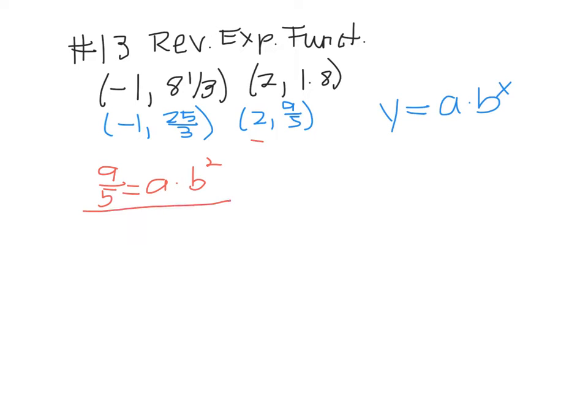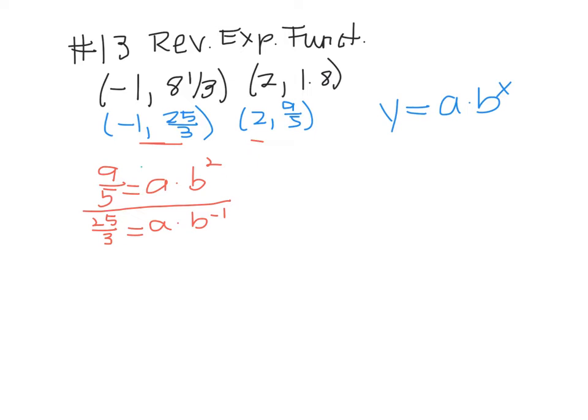And I'm going to divide that because remember we can cancel out our a values when we do that. Now I use this point here, and I have 25/3 equals a times b to the -1.